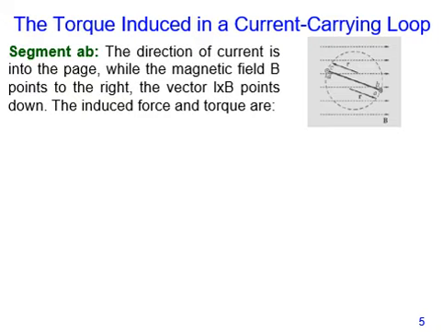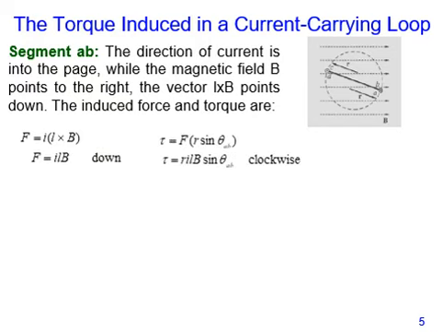Therefore, the induced force on this segment of the wire is F equals I L cross B. So the ILB would be downwards. Similarly, the resulting torque is FR sine theta AB, and this is in clockwise direction, as you can see from the diagram.